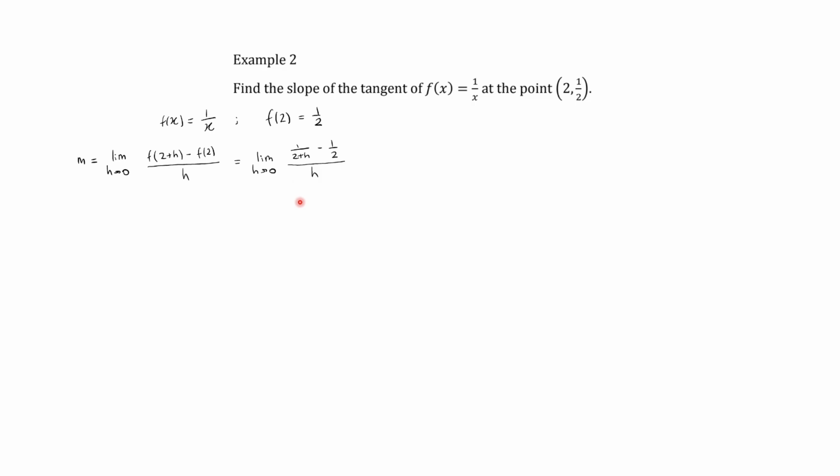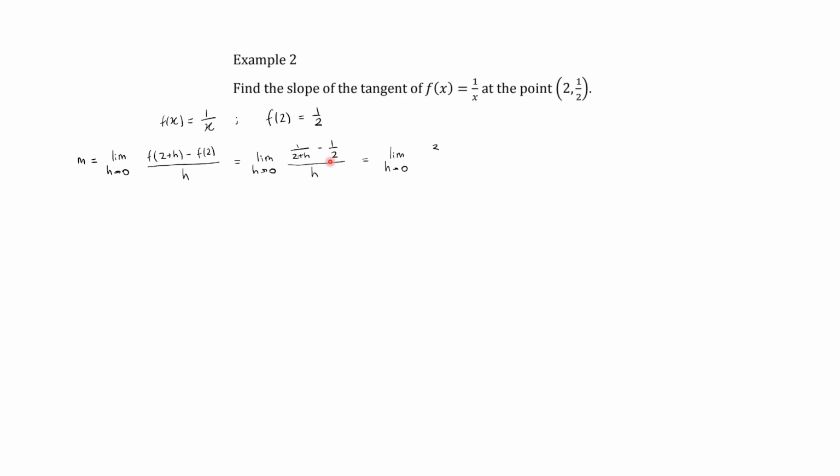And so now here we might notice that we do have a complex fraction, and so what is the manipulation that we want to use? We want to find the common denominator between the two terms in the numerator, right? So let's do that. Here we are going to have the limit as h approaches 0, and now here we are just going to cross multiply. So we're going to multiply both the numerator and the denominator by 2 for the first fraction.